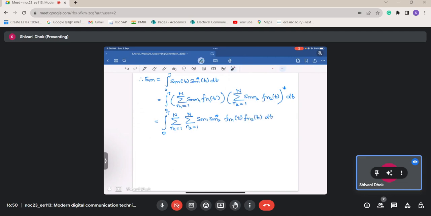And one more thing to note here is that SMn1 and SMn2 are independent of time, so I can just take them outside and bring the integral here. So what I am doing here is changing the order of the summation and integration, something like this.